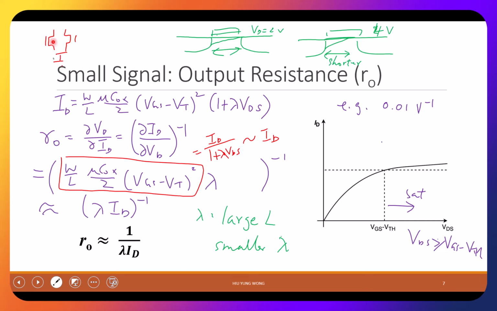Because this one might be 40 nanometer, this might be 41 nanometer. That is already 2.5% of change. And actually it can be more than that, maybe 42 nanometer. And you are not matching, then you will lose all the benefit of the differential amplifier, including the noise cancellation, or common mode noise rejection.